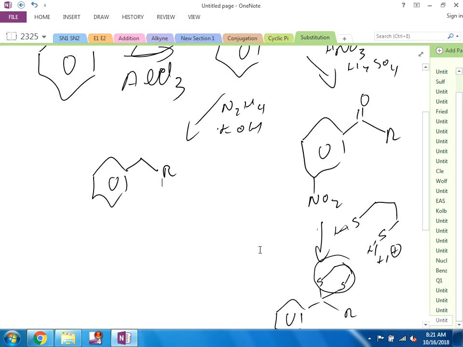Now if I add a nitro group, where should the nitro group go? Assume R is a long chain, not just a hydrogen. So where should it go? What kind of group is an alkyl group? An ortho-para or a meta director?